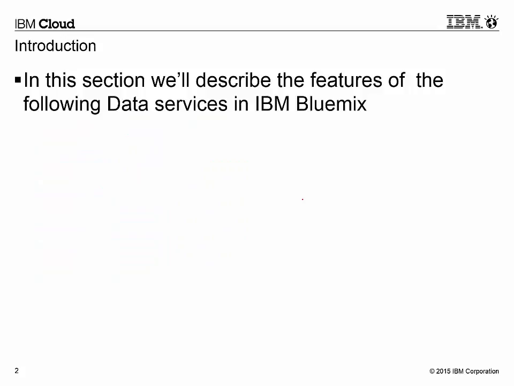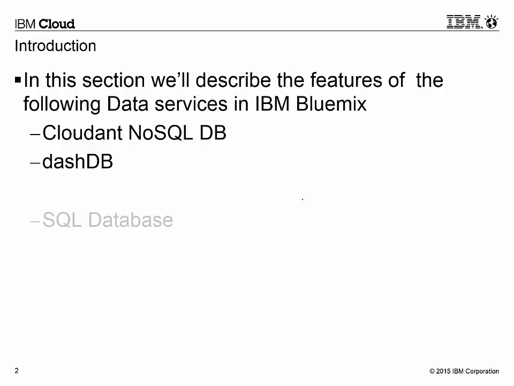So the services we'll be looking at today include the following. The Cloudant NoSQL database service, which as you recall is a document-oriented schemaless data store that's optimized for horizontal scaling. We'll also look at DashDB, which is a relational data store that's optimized for complex analytic queries.